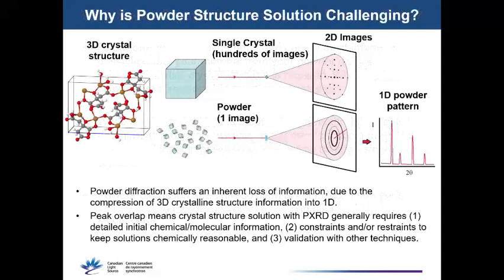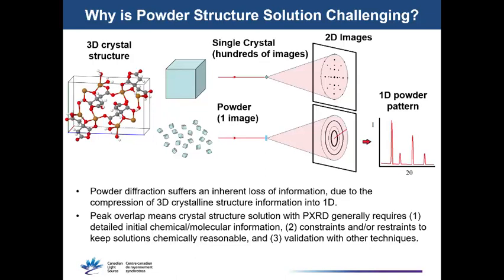So I showed this diagram in this morning's presentation. And part of what makes PXRD structure solutions so challenging is because of that inherent loss of information that you get doing a powder diffraction pattern. PXRD structures are often underdetermined relative to single crystal structure determination.